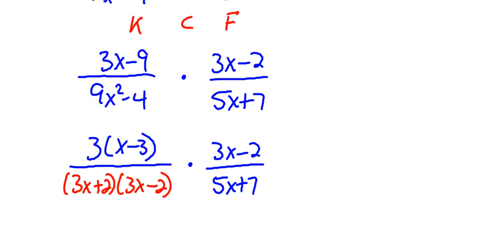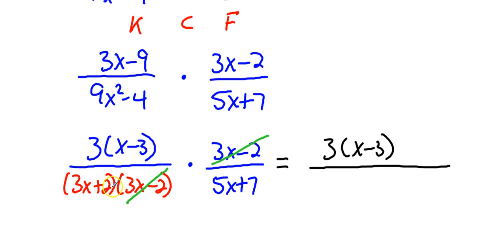And not much cancels. Just the 3x minus 2. So that when you're finished, you've got the 3 and x minus 3 on the top, on the bottom, we've got a 3x plus 2 and a 5x plus 7.